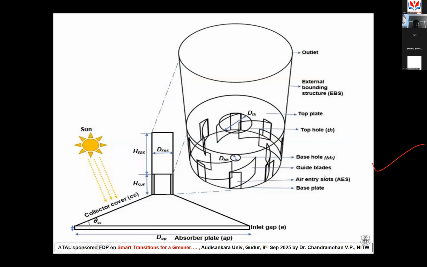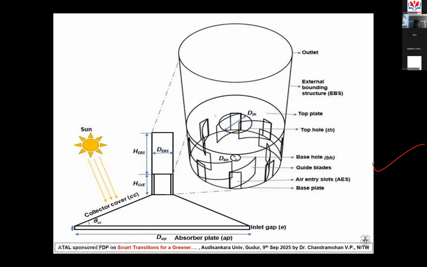This is the diagram we have made. This is the solar air collector plate. This is the solar vortex plate, zoomed in this way. The air will enter through the slots. These are the air slots with the fixed blades. The air will enter inside, and then there is a natural tornado.